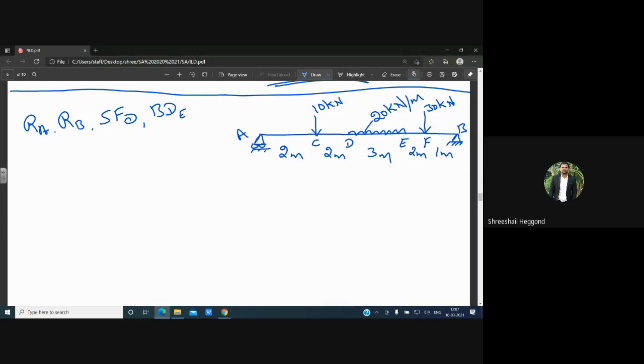First and foremost, you need to calculate RA. For RA, draw an ILD for reaction at A point and calculate the value of reaction at A point, RA. The ILD for reaction at A point is known to us. How to draw? The diagram can be drawn like this.